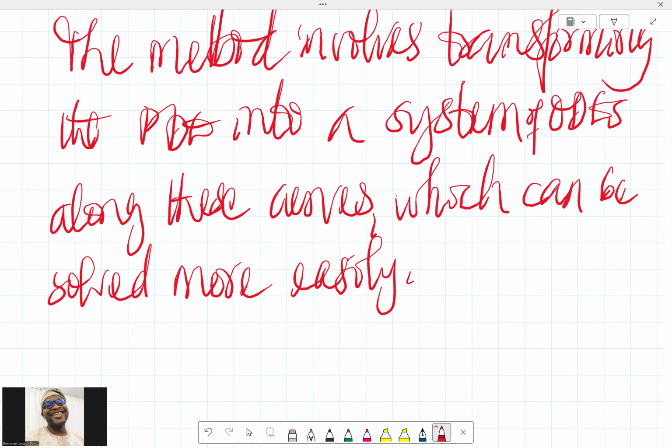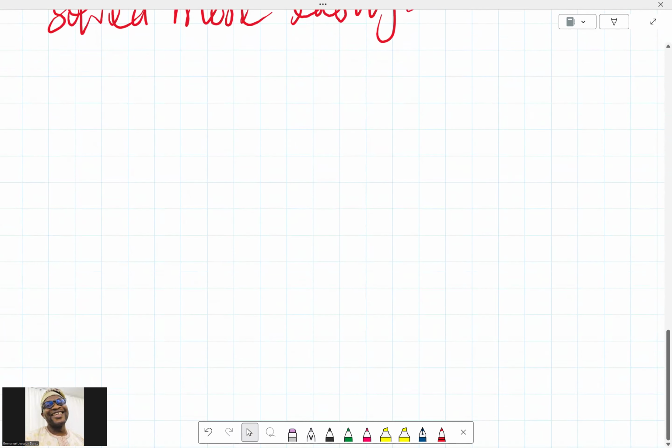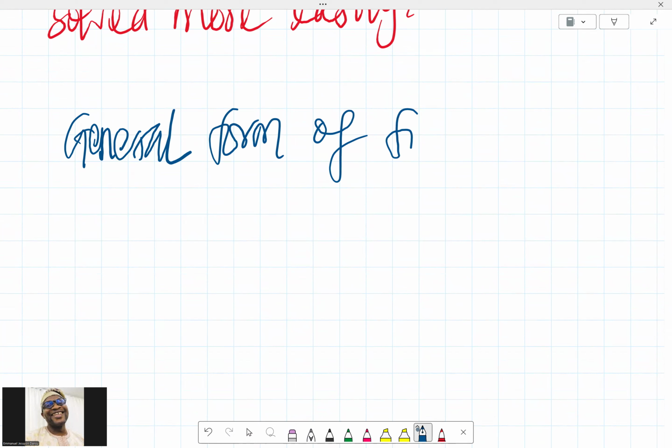Then we move on to talk about the general form of a first order PDE.